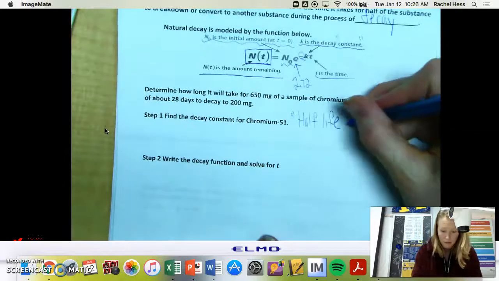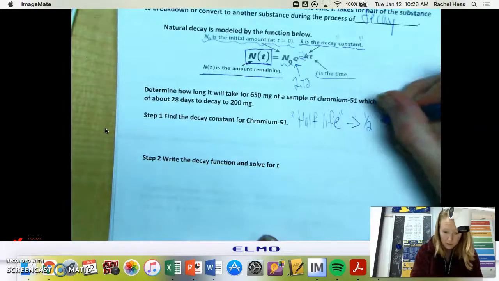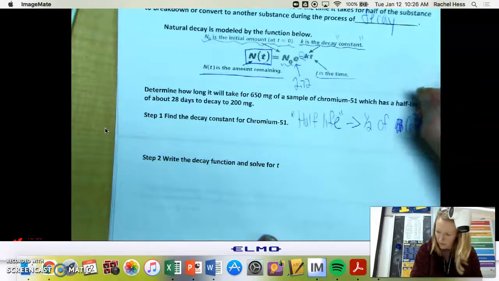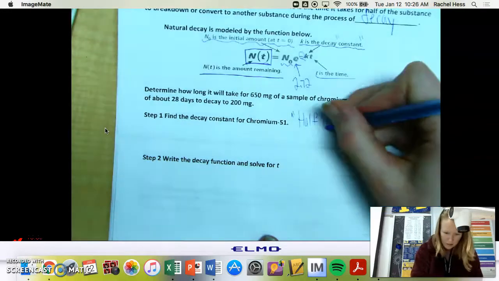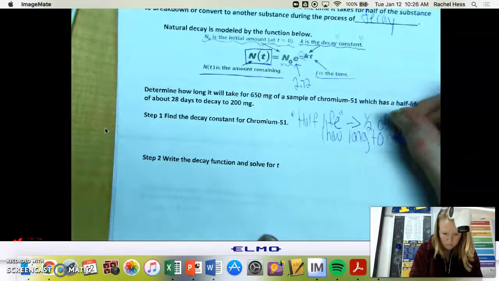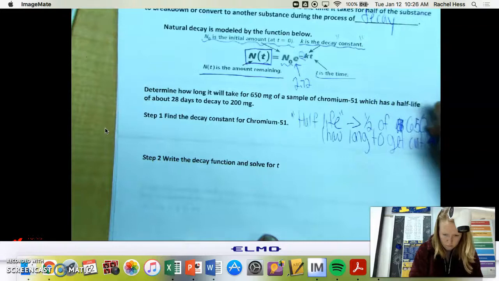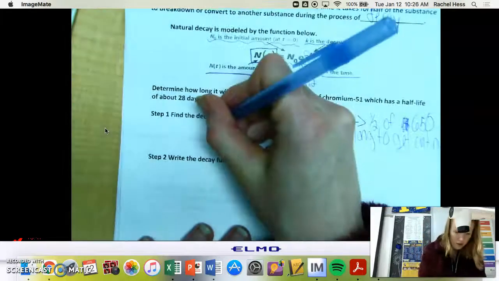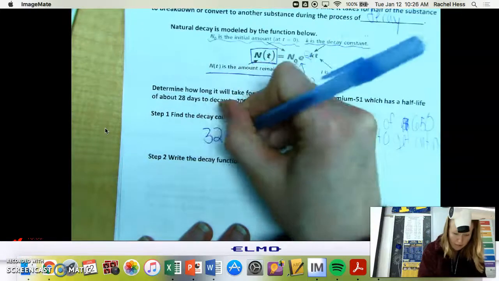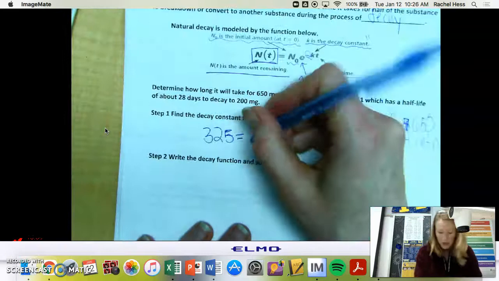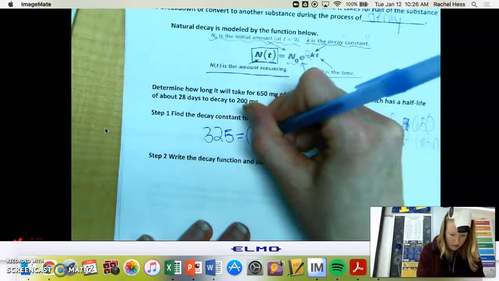So remember, half-life means what's half of my initial amount, or whoops, what's half of 650, how long to get cut in half. So we're looking for how long it takes for this function to be cut in half, which means it should be at 325 milligrams. And it started at 650, right?